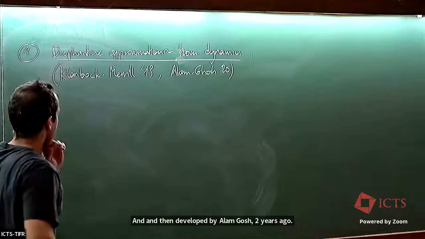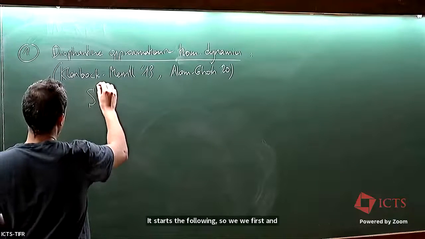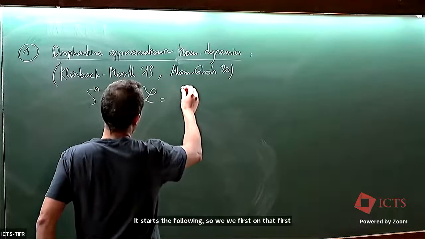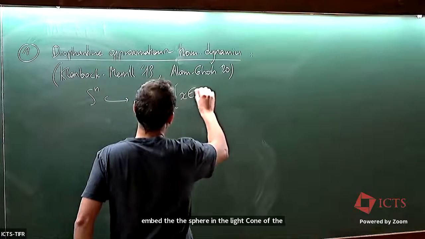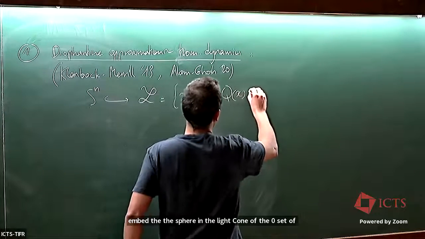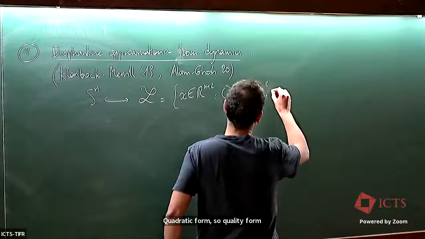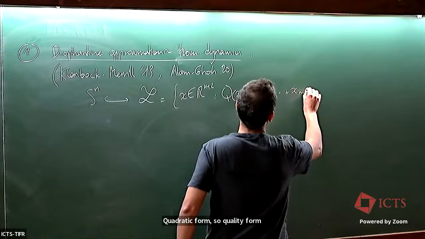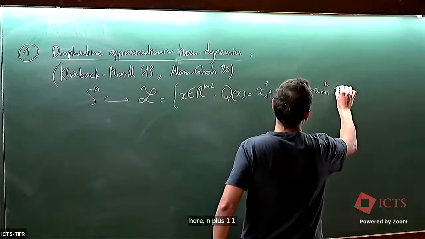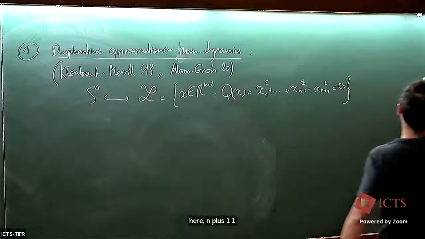It starts with the following. We first embed the sphere in the light cone, the zero set of a quadratic form in R^D, R^{n+2}. A quadratic form of inertia (n+1, 1). Maybe I can make a picture at this point.